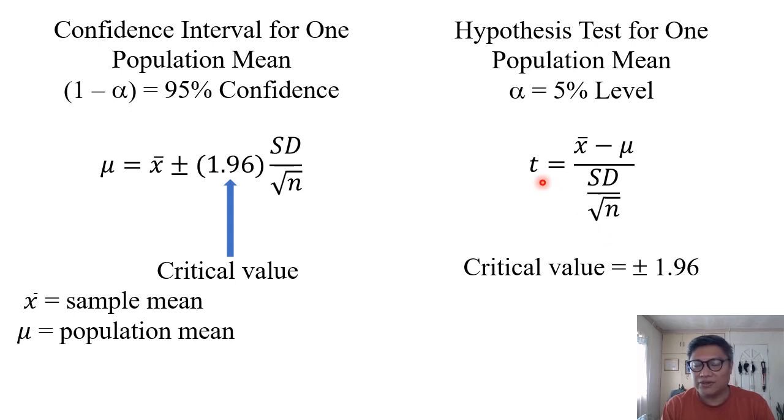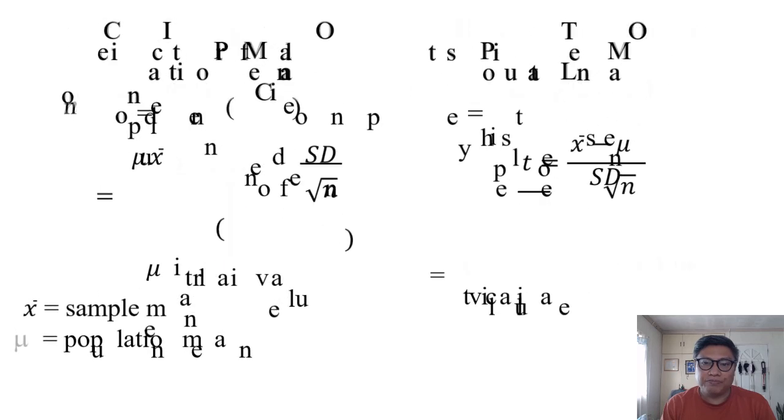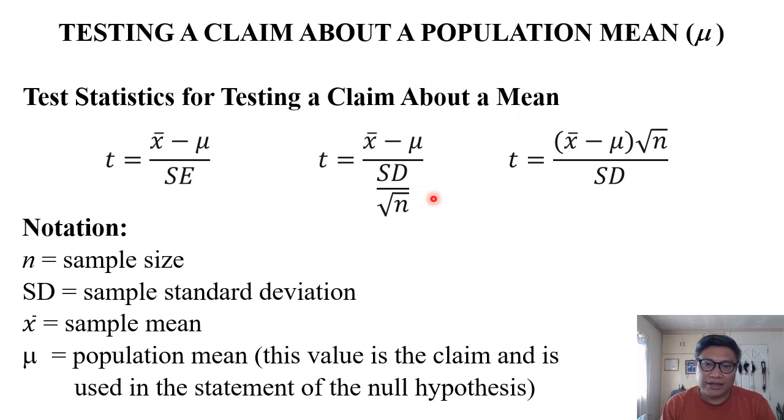If the t-value is less than negative 1.96, then we know that we are going to reject the null hypothesis. The formula can also be rewritten in this manner. If you want to put the square root of n in the numerator, you can do that, but most often than not, we use the original formula.